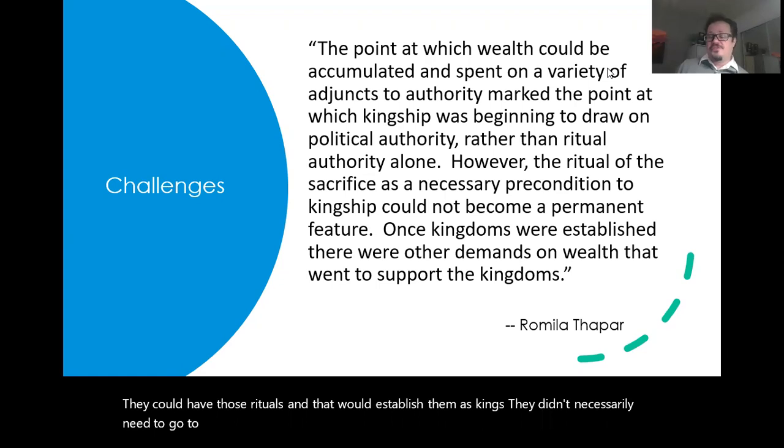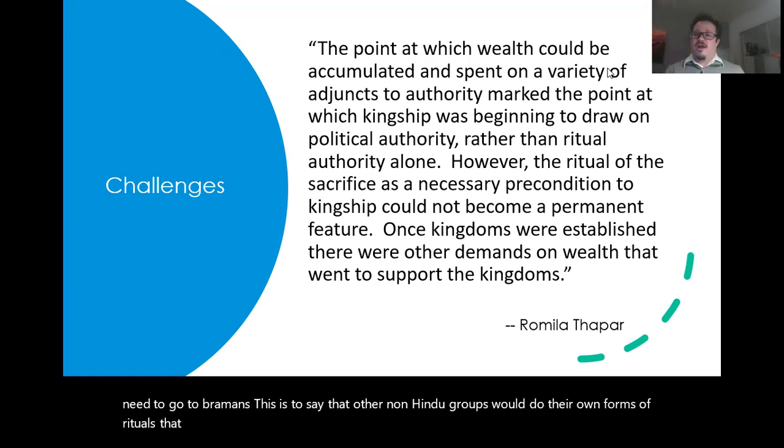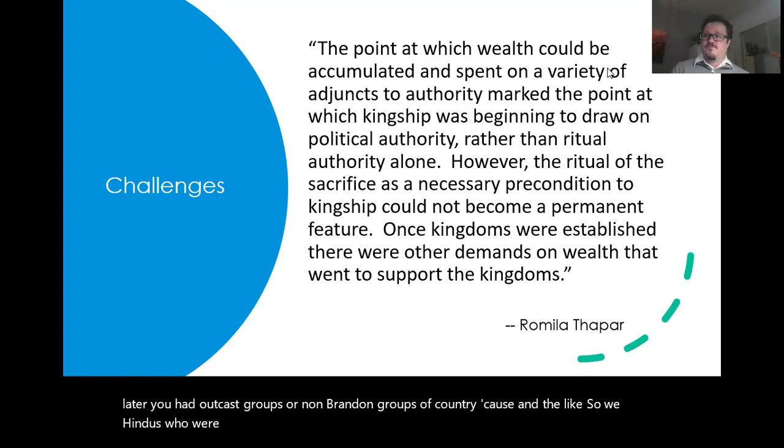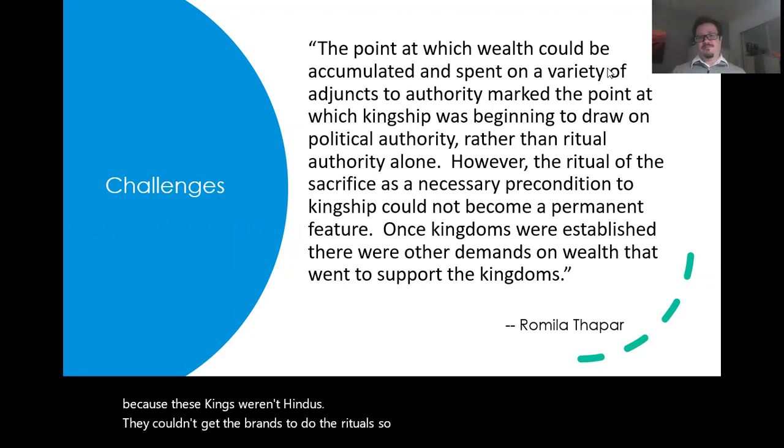This is to say that other non-Hindu groups would do their own forms of rituals that were sort of inspired by the Brahmins to establish non-Vedic, non-Hindu kings. And later you had outcast groups or non-Brahmin groups of tantrikas and the like. So Hindus who were not Brahmins would do rituals for kings; initially they couldn't get Brahmins because these kings weren't Hindus, so they'd go to other non-Brahmin Hindus to do these types of rituals.